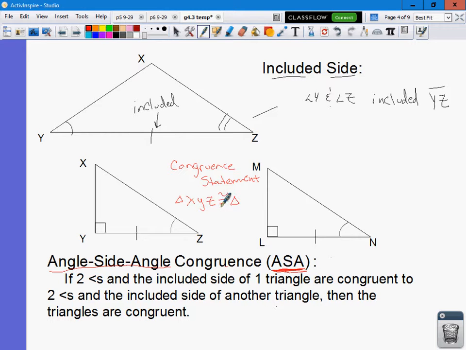If I went x, y, z, what's the other one have to be? M, L, N. And I can make this statement by angle, side, angle. I have two angles and an included side, so the two triangles are congruent.